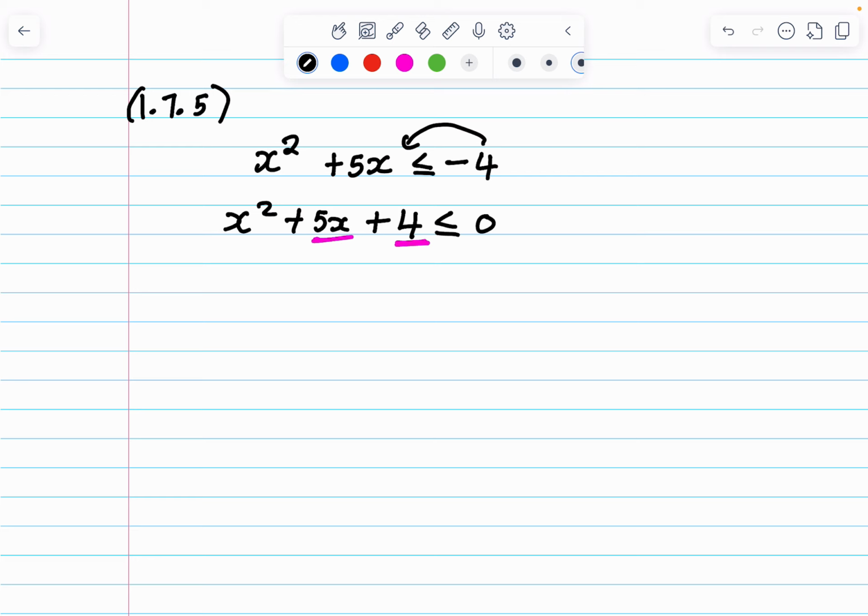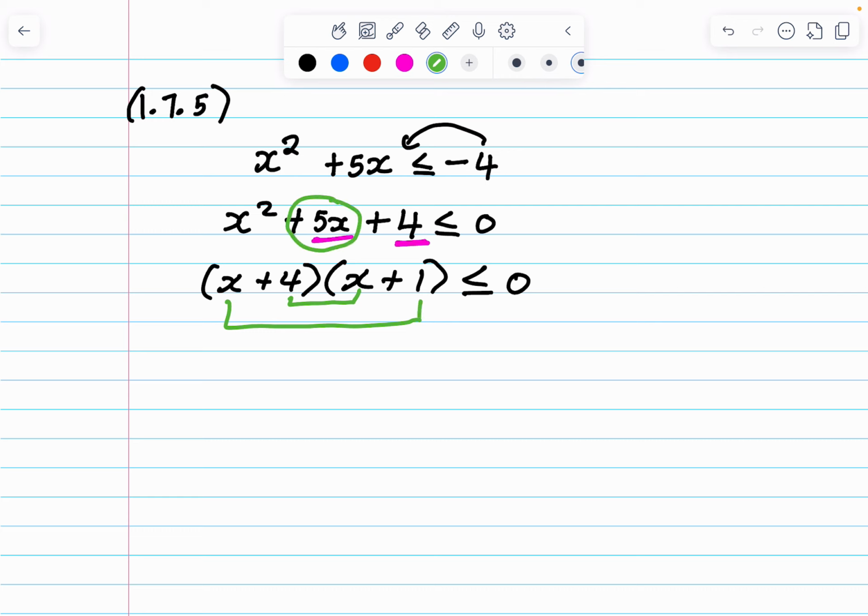So we are going to have x plus 4, x plus 1 is less than or equals to 0. And I always just verify. This will be 4x, that will be 1x. Indeed, we get the middle term. So I always check if I get the middle term or not.